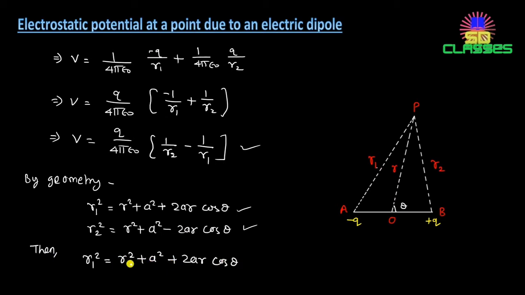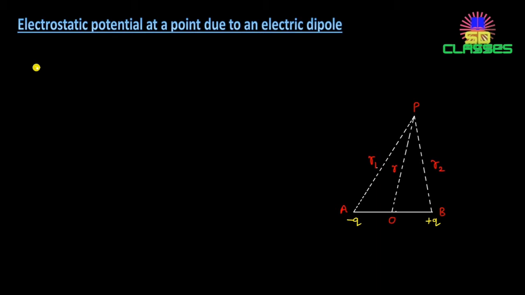So now r1 square is equal to r square plus a square plus 2ar cos theta. You can take r square as common from here. If I take r square common, this will be r1 square.